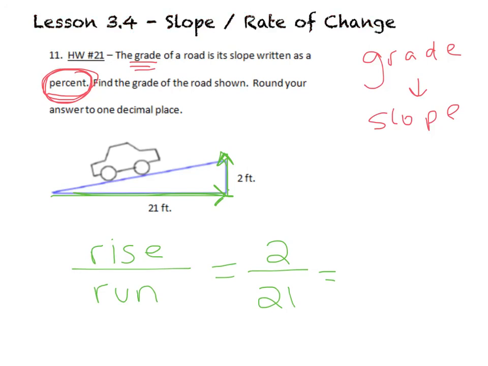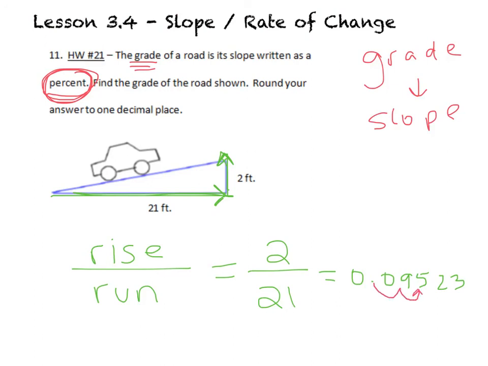So in order to convert it to a percent, we need to divide. 2 divided by 21 is 0.0953. And then from there, you can do one of 2 things. You can multiply by 100, or you can simply move the decimal place 2 spots to the right.